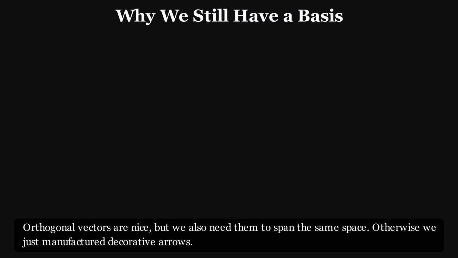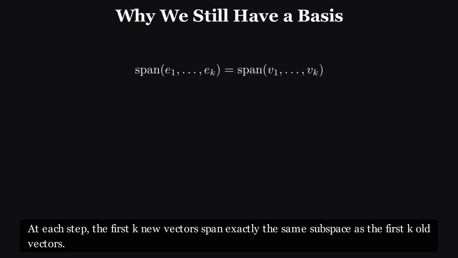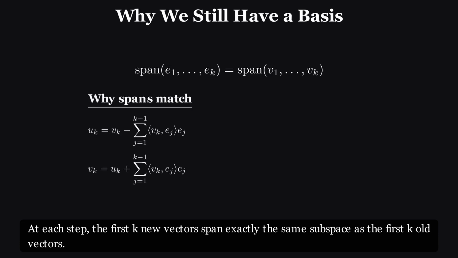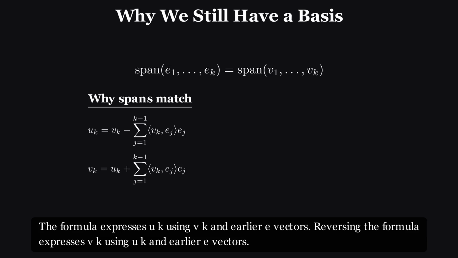Orthogonal vectors are nice, but we also need them to span the same space. Otherwise we just manufactured decorative arrows. At each step, the first k new vectors span exactly the same subspace as the first k old vectors. The formula expresses Uk using Vk and earlier E vectors. Reversing the formula expresses Vk using Uk and earlier E vectors.